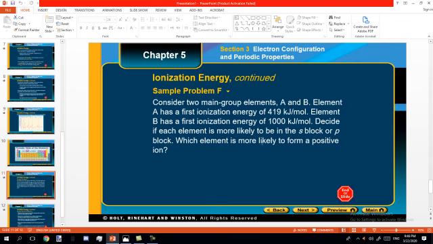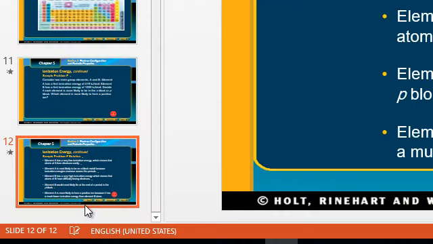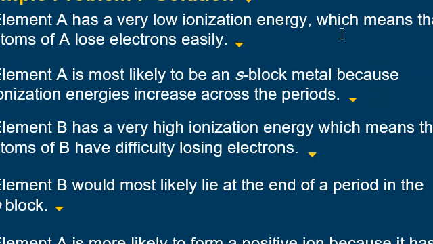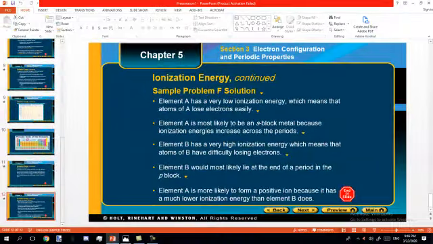And which is most likely to form a positive ion? Of course, the metal, which is element A, will form a positive ion, because it will lose electrons easily. All the metals lose electrons, forming the positive ion. This is the solution. Now element A has very low ionization energy, which means that its atom loses electrons easily, and it's likely to be in the S block, because metals are found in the S block.